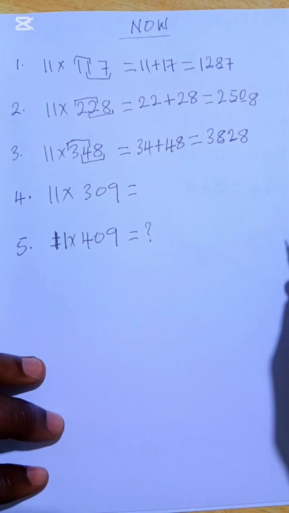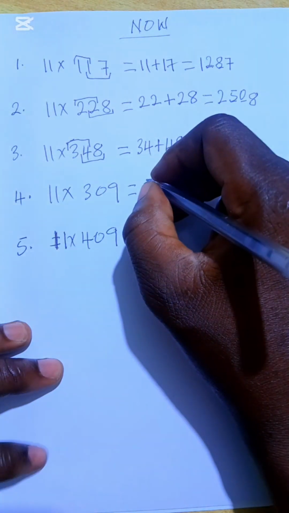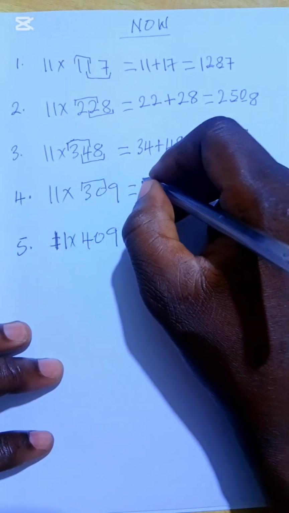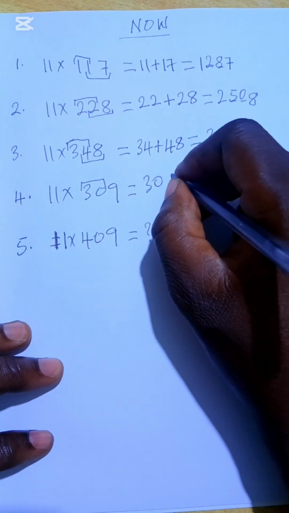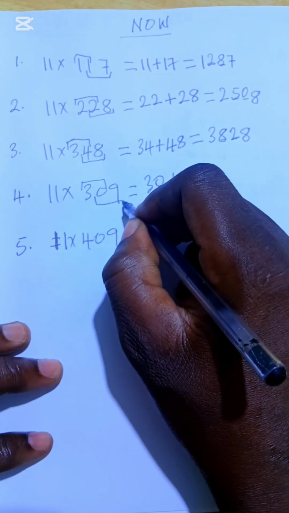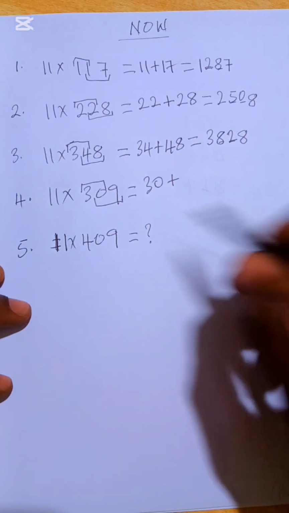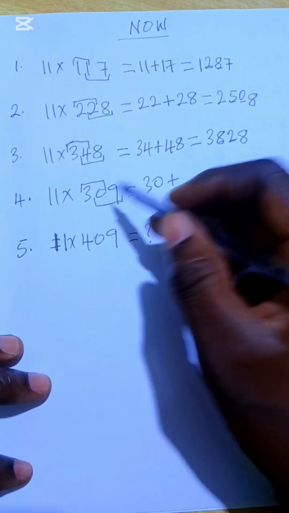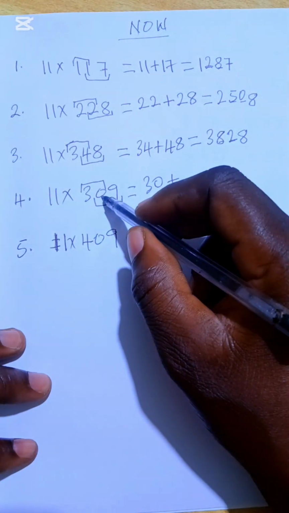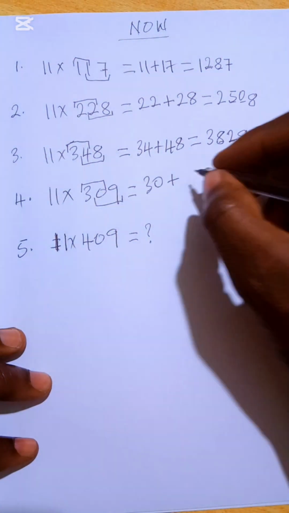Okay, the last one. 11 times 309. So the first 2 digits here, 30, plus the last 2 digits, which is 09. But obviously, you know 0 in front of any number is not significant. Once it is not a significant figure, we ignore the 0 and concentrate on the 9.